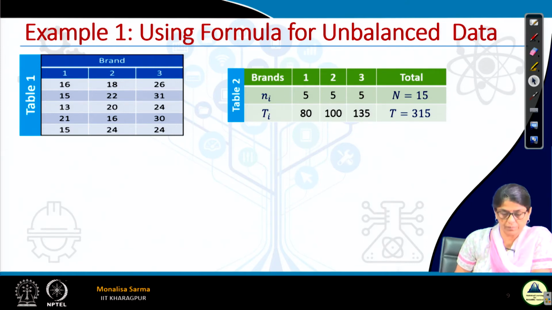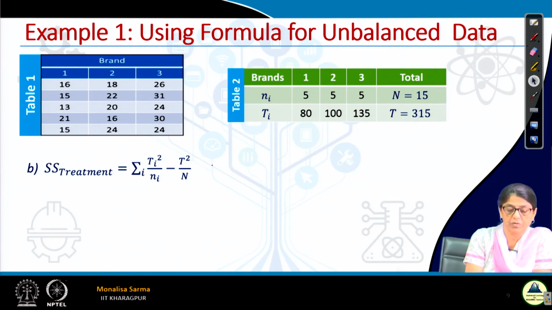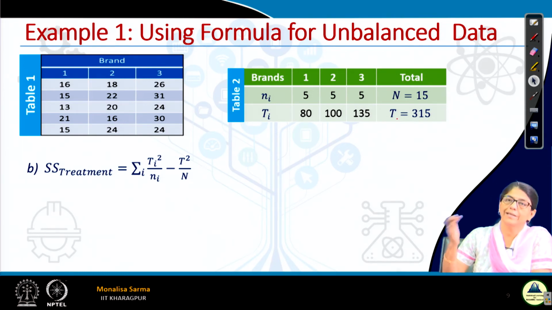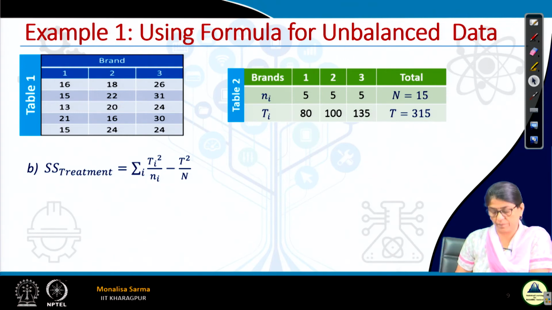Similarly, we will now find out SS treatment. This is the formula: the sum of Ti square by ni minus T square by n. We found Ti; what is T? T is the grand total and Ti is the total within each treatment, isn't it. Earlier for Ti we used yi dot; again I am repeating, for T we use y dot dot.